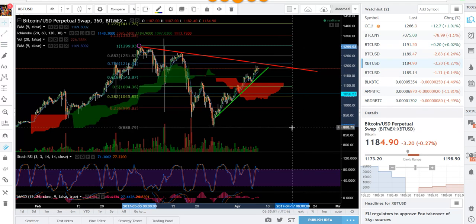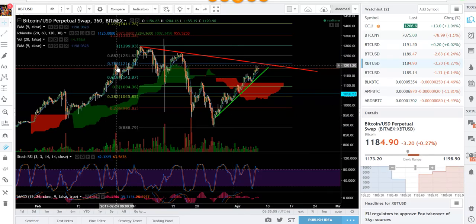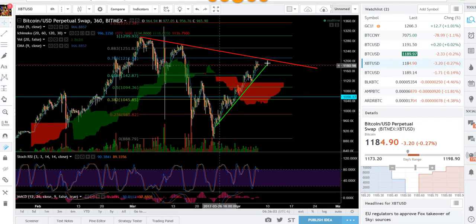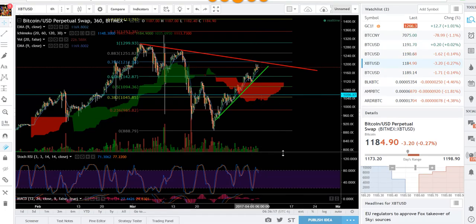It's telling us that our 78.6 line on the way back up is right about here, right where this red line of resistance meets. So we have two levels of resistance meeting up, showing us it's going to be hard for the price to move beyond this line. That's not saying it won't move beyond that line. It's just telling you that here we're going to meet some resistance.